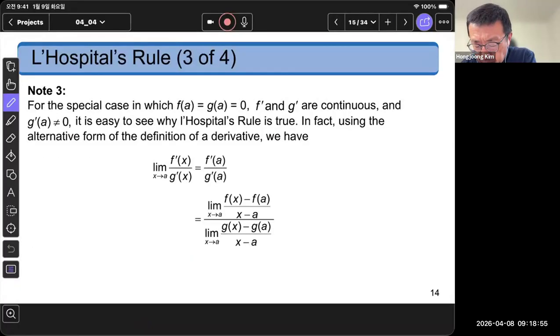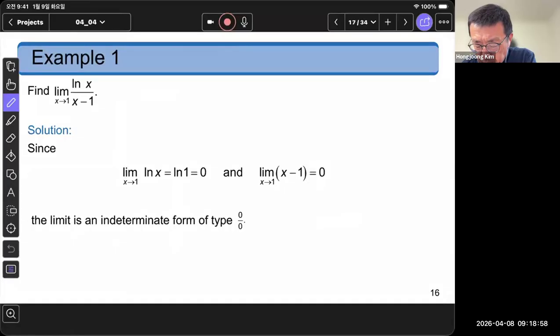So here, when I consider this problem, as x approaches 1, log x approaches 0. x minus 1 approaches 0. So both the numerator and denominator converge to 0, so I can apply the L'Hopital's rule.